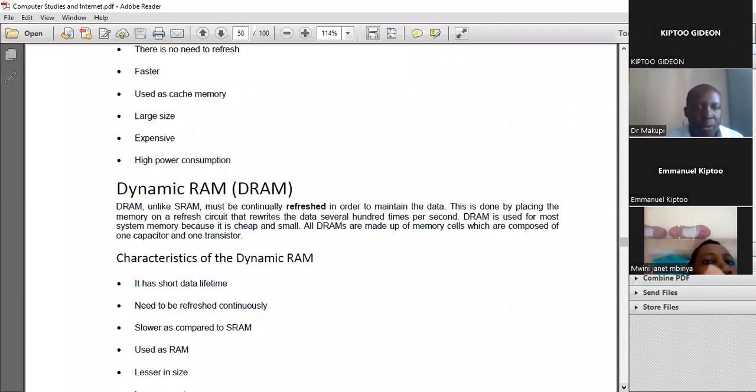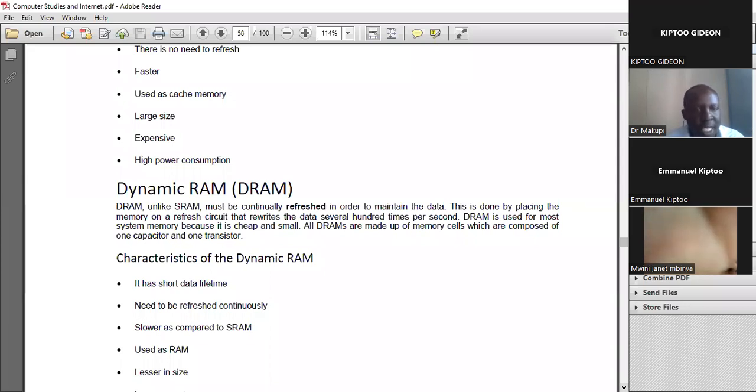Now, refreshing is done using a refresh circuit. The refresh circuit rewrites the data every other time. That aspect of refreshing is rewriting data. So the way you refresh the DRAM is by placing it in a refresh circuit, which rewrites the data several hundred times per second.